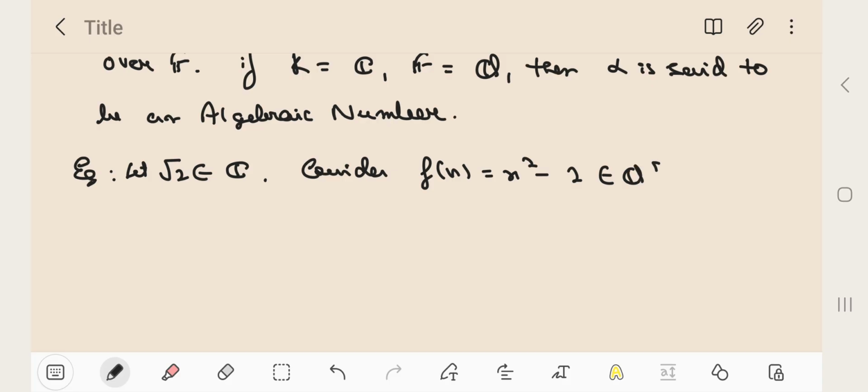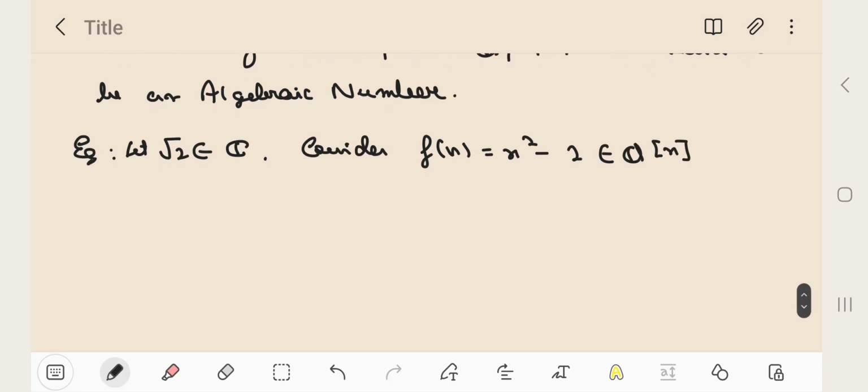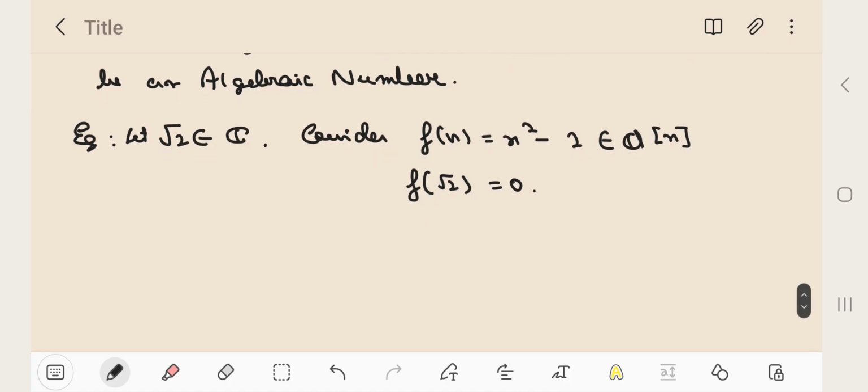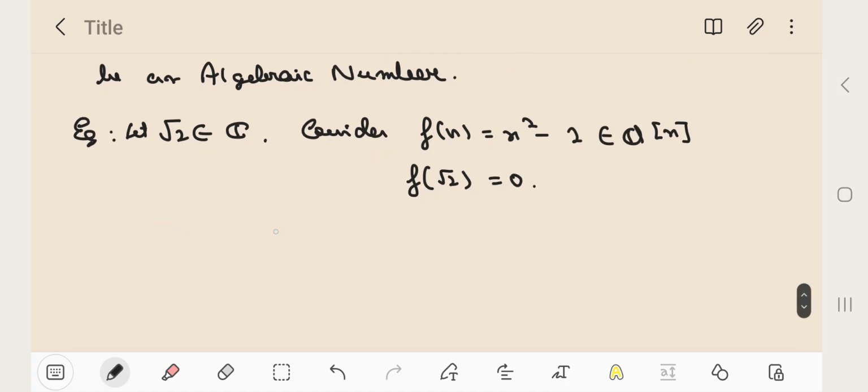This surely comes from the ring of polynomials over Q. And clearly, f of root 2 is 0. Therefore root 2 is an algebraic number. Clear? For example, pi, which is an element from C, is not algebraic over Q.